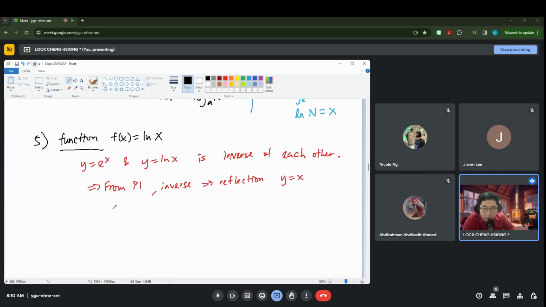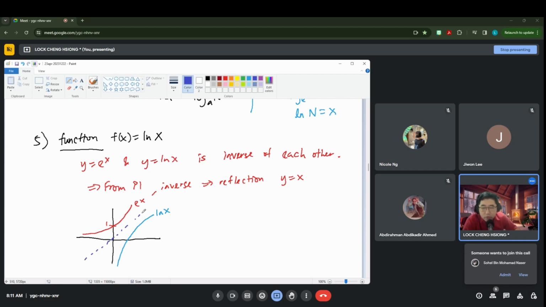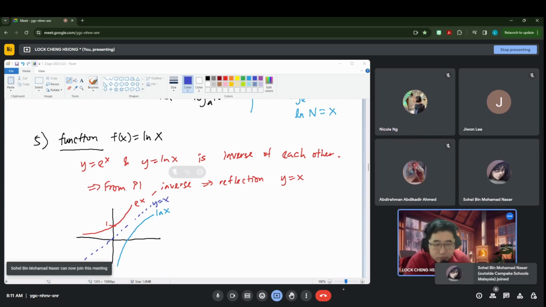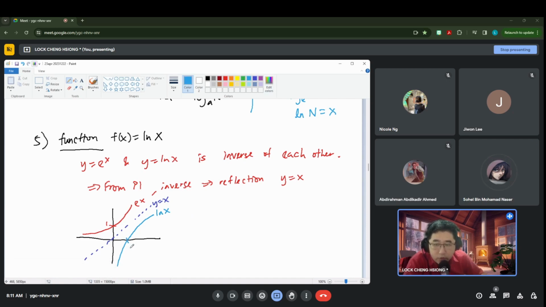Therefore, if the e^x graph looks like this, then your ln graph will look like this under the line y equals x. You will see that from here, this is 1.